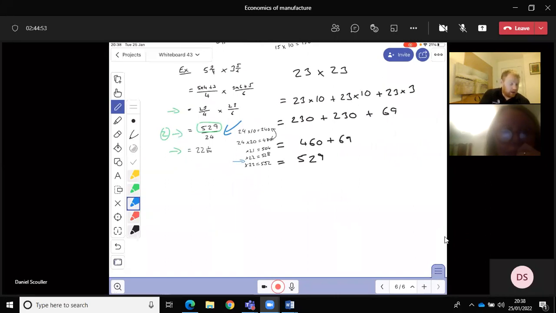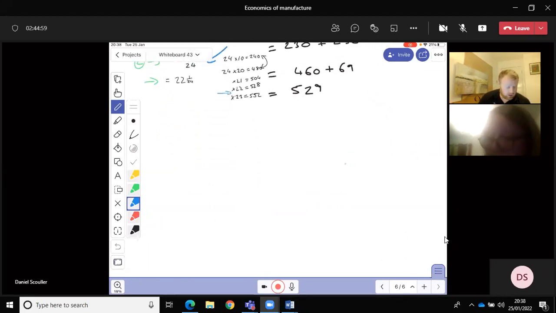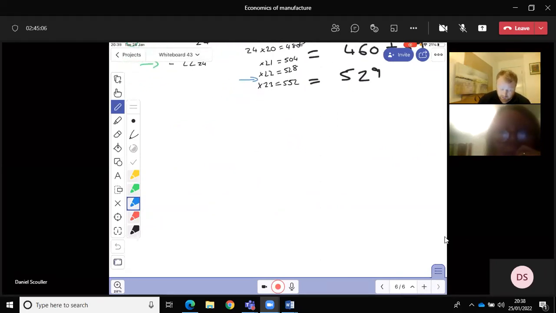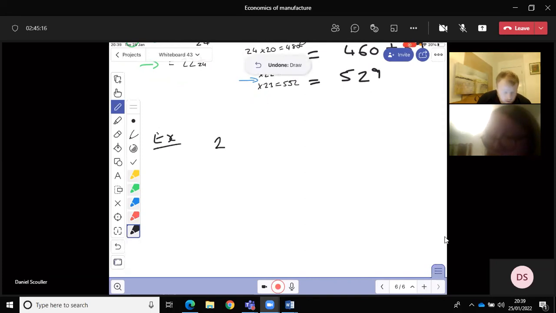Right, last thing tonight is just dividing. So two examples of division, and then we're calling it a night. So let's go through it. 3 and 3/8 divided by 5/16.